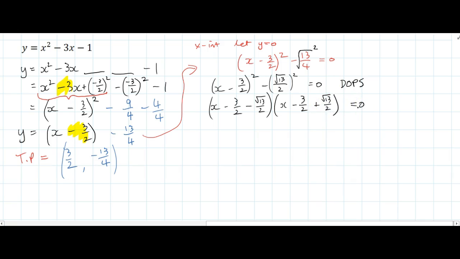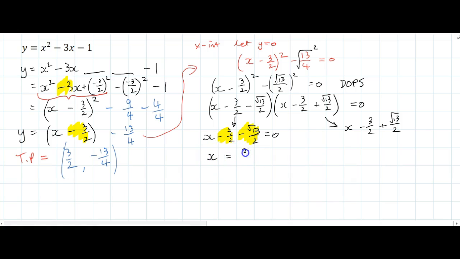Okay, so they're the two things I solve. With this one, I solve this for 0, and I'll solve this one for 0 as well. I'm going to move both of these over to the other side, so they both become positive because I have to add it to both sides.